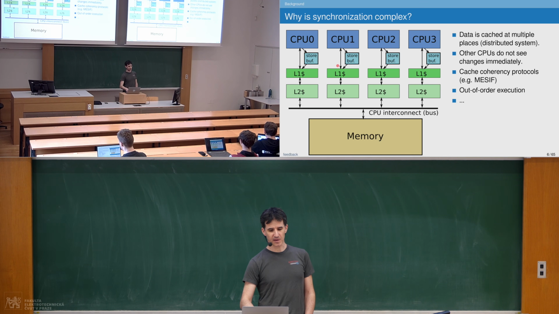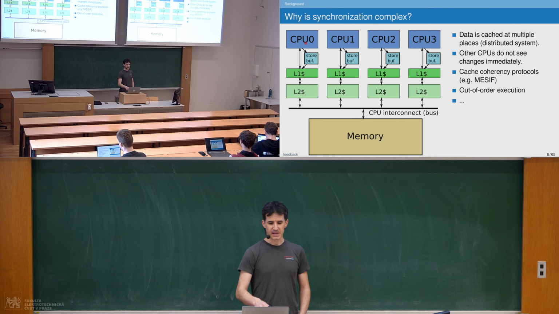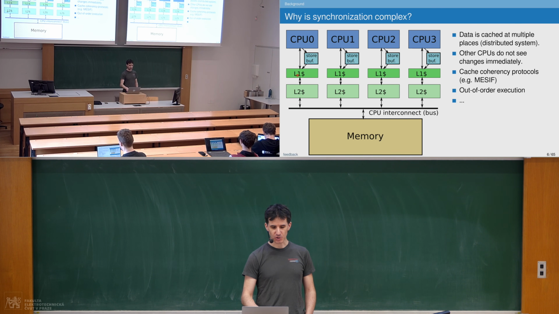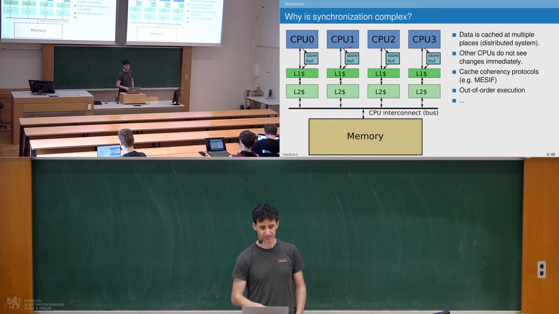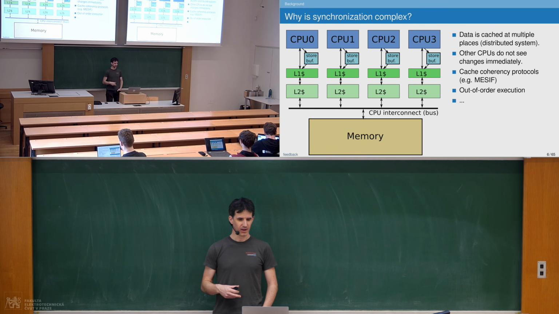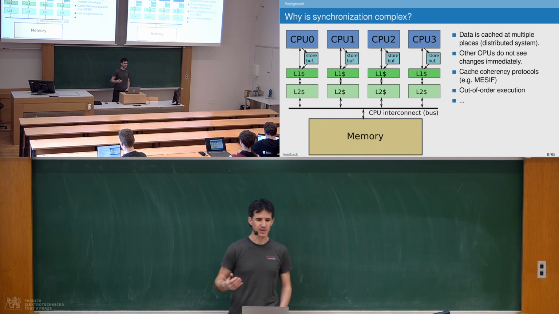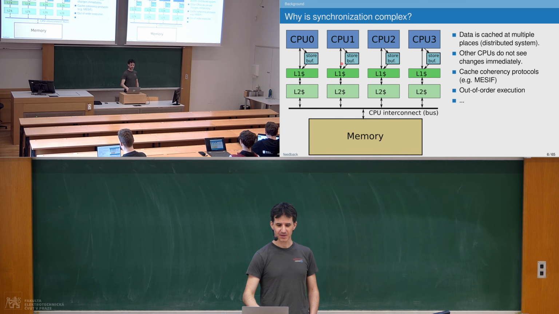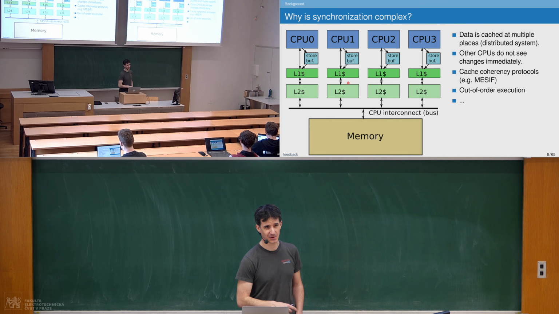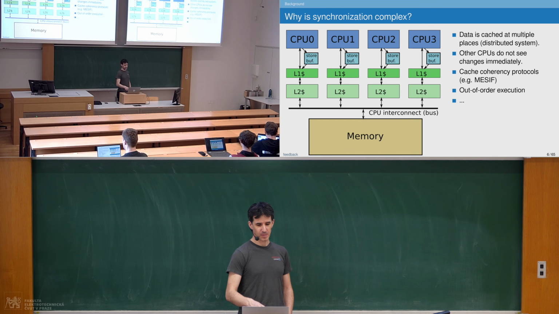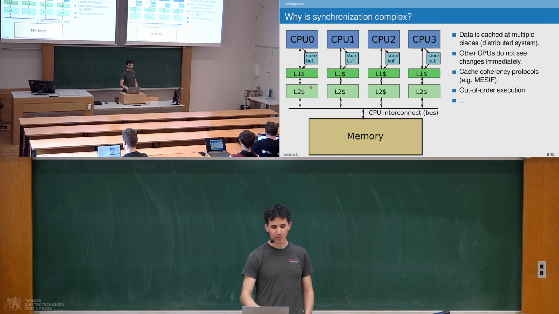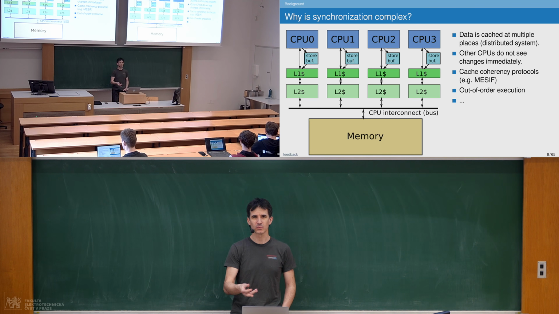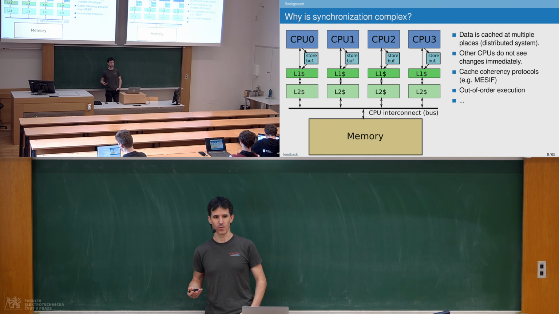Not only in the store buffer, but the modifications can also stay in cache memory, either here or here. Which means that whenever another CPU wants to access the same data which were modified, let's say by CPU 0, there has to be some kind of communication between the CPUs. And as you know, the speed of light is limited, so this communication between the CPUs is slow. And if the CPUs have to communicate with each other, asking like, hey, do you have newer data which I want to access, this is just slow.